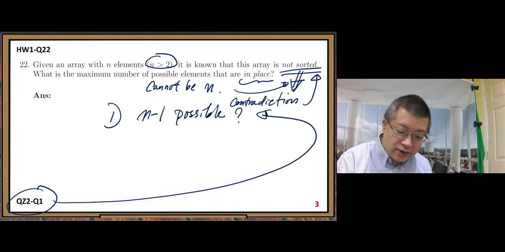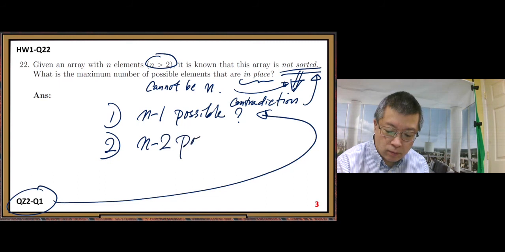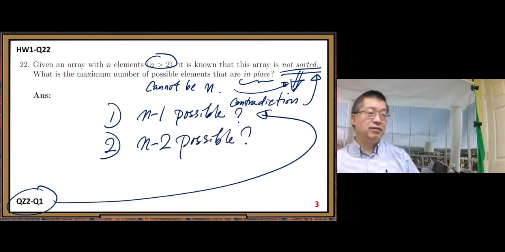After that, look at whether n minus 2 is possible.